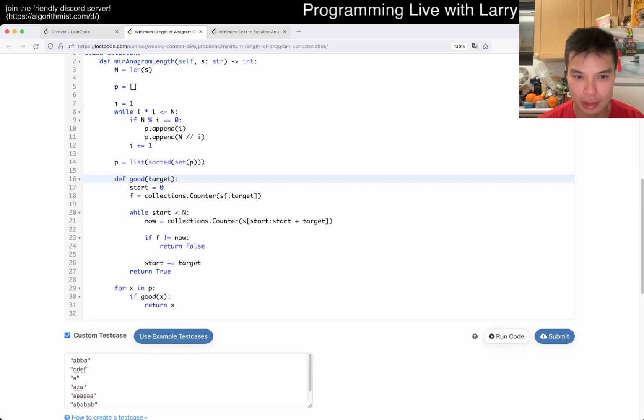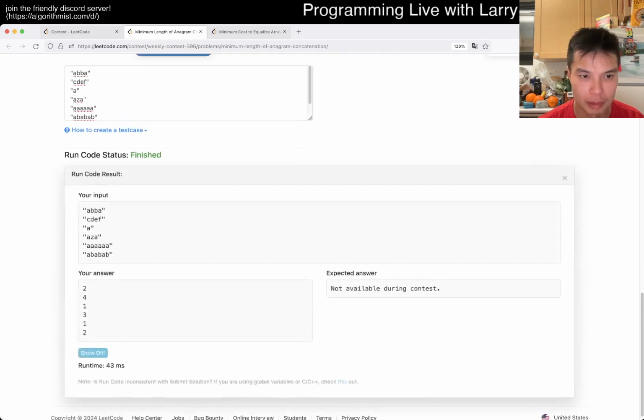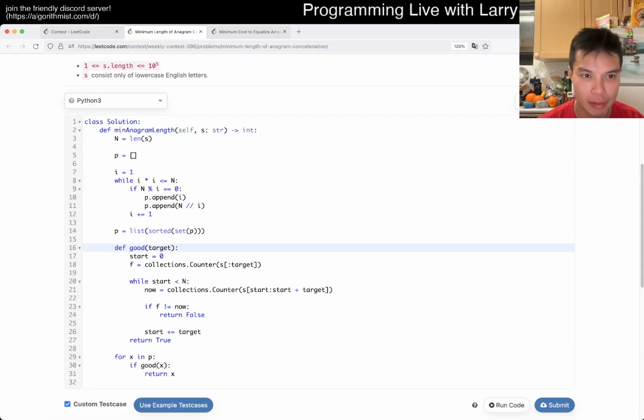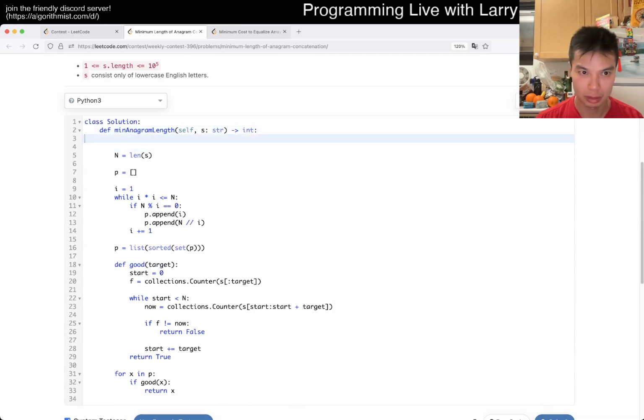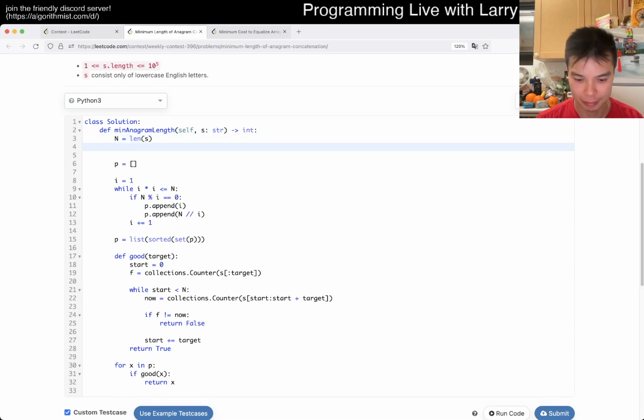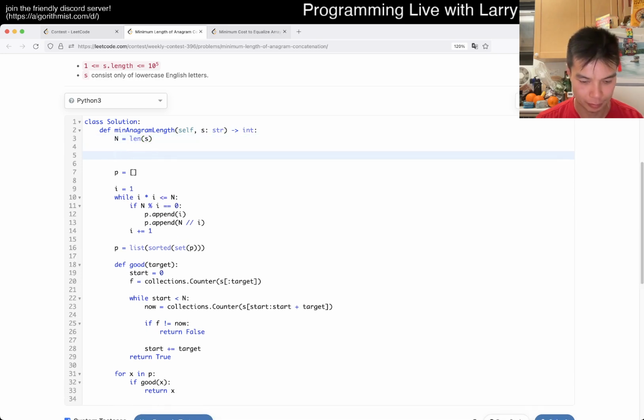Right, so that would be the answer, but what if I have to get like a, so the biggest number is like 8.